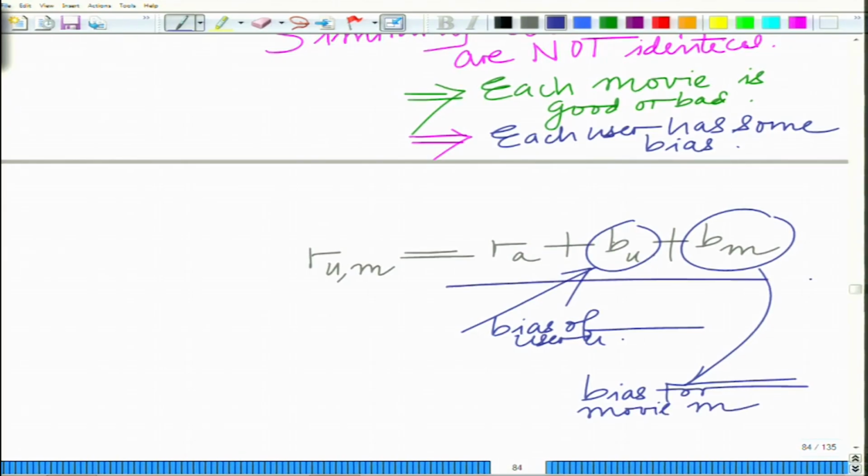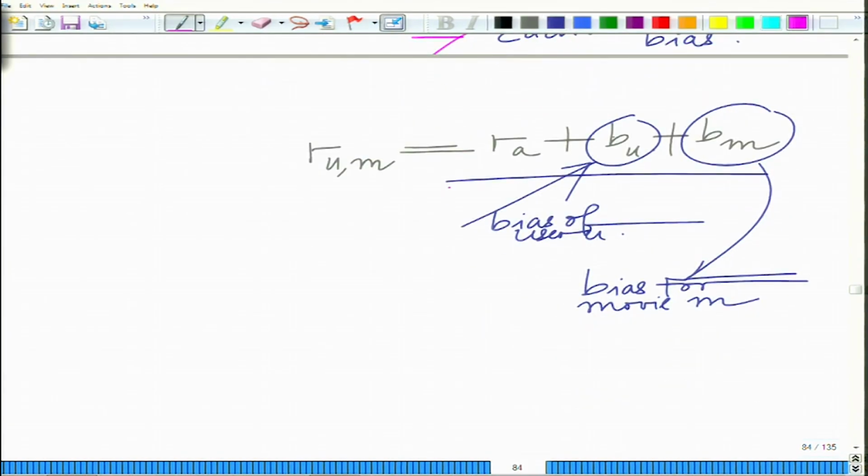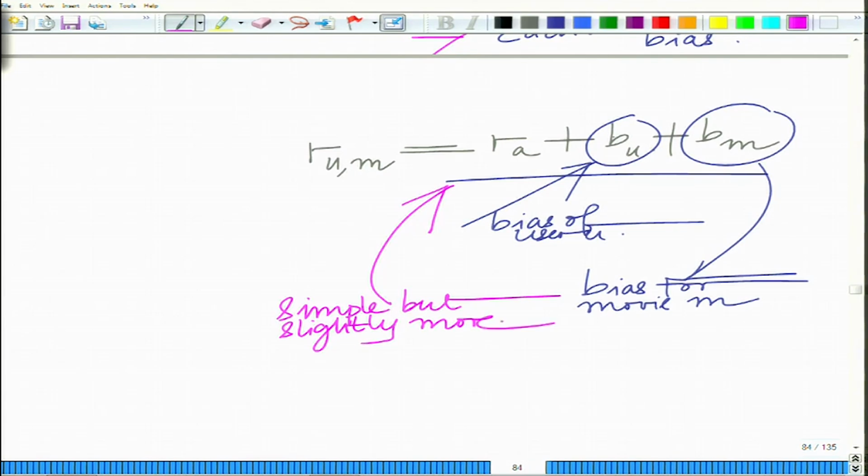So this is a simple but slightly more refined model.